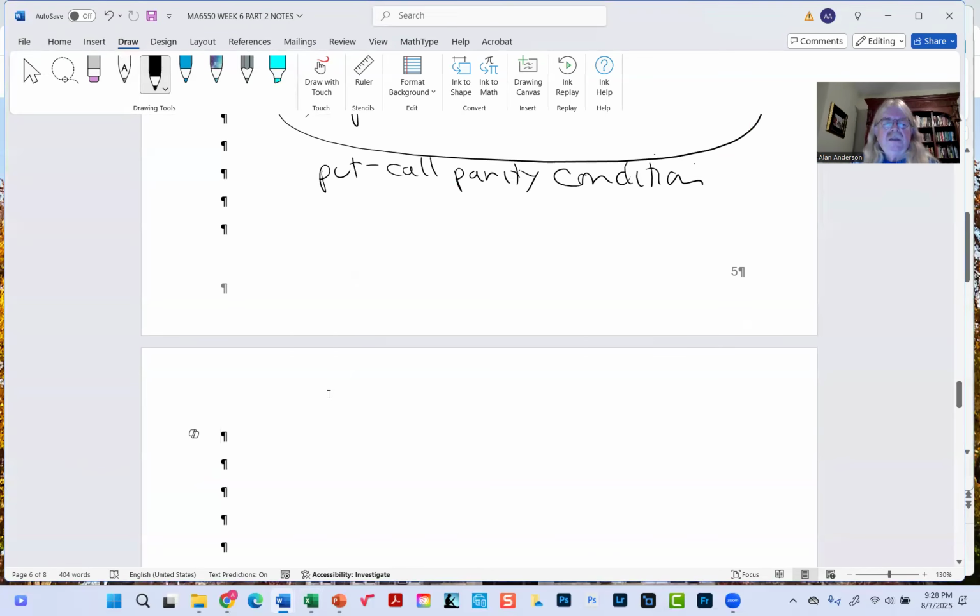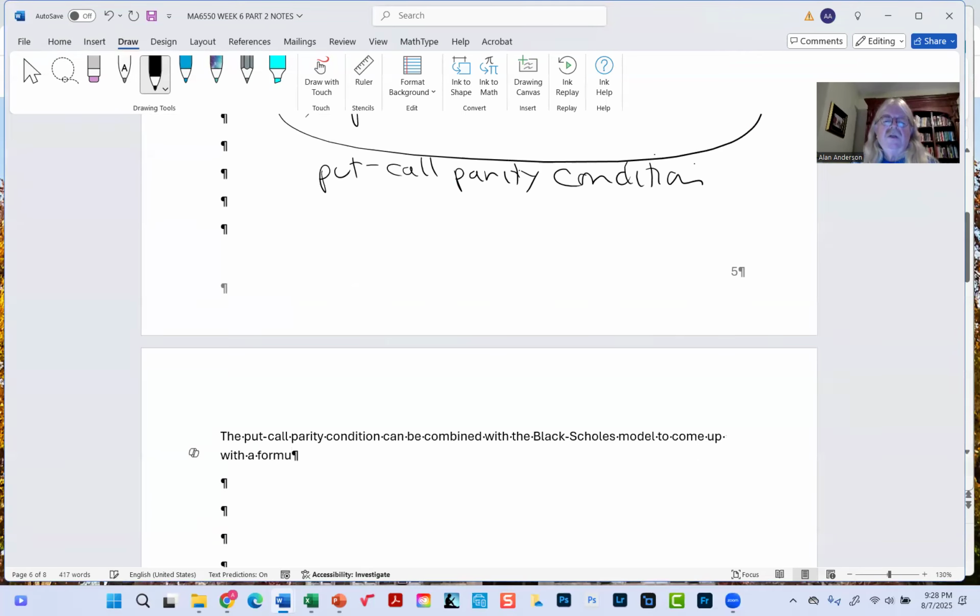The put-call parity condition can be combined with the Black-Scholes model to come up with a formula where the price of a European put can be solved directly without going through call parity.